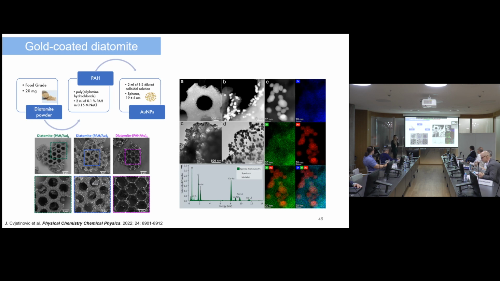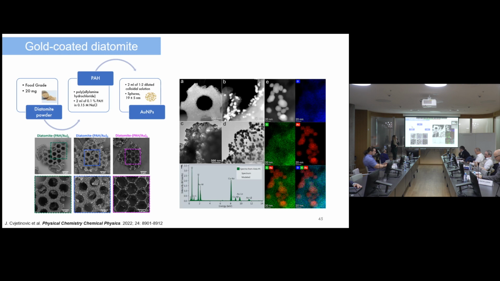And then we used scanning electron microscopy to see if there is any difference between those bilayers. When we are looking at just one bilayer, we see insufficient coverage with these gold nanoparticles. But if we increase the number of bilayers, we can observe that these gold nanoparticles tend to accumulate and distribute themselves on the pores of diatomite.